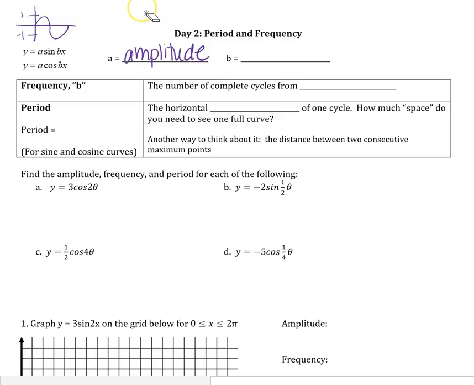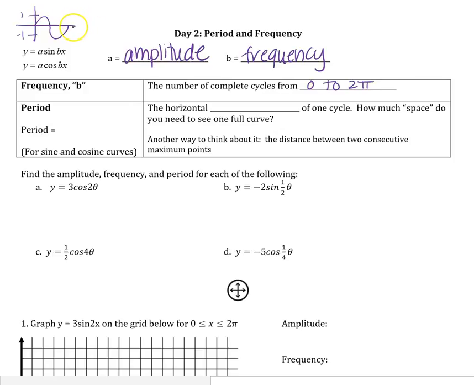So now we have this new term called the frequency, and it's denoted by this b value on the x. Frequency is the number of complete cycles from 0 to 2 pi. So if we look at this picture that I sketched of y equals sine of x, this is one full sine curve that, if it was y equals sine x, would occur from 0 to 2 pi.